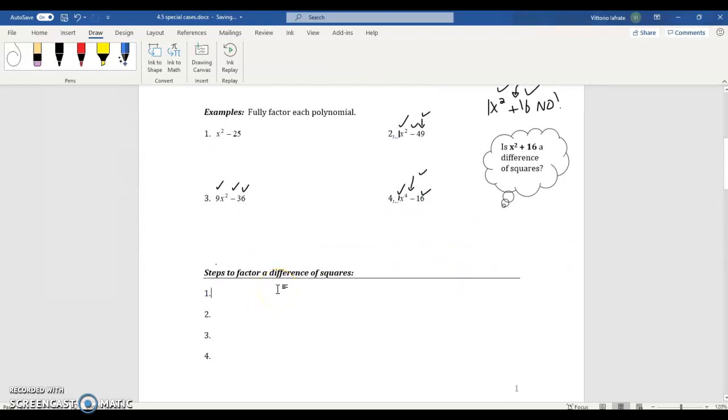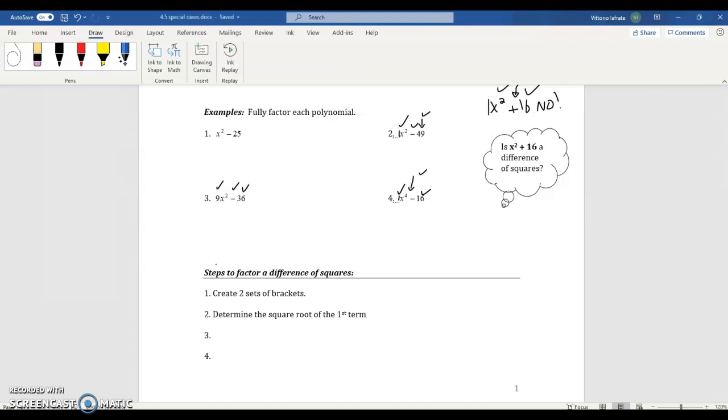So when you identify a difference of squares, first of all, identify that you have a difference of squares by checking those three conditions we discussed. What you need to do is create two sets of brackets. And then you're going to determine the square root of the first term, which is usually the x squared term or the x to the power of 4 term or whatever it is.